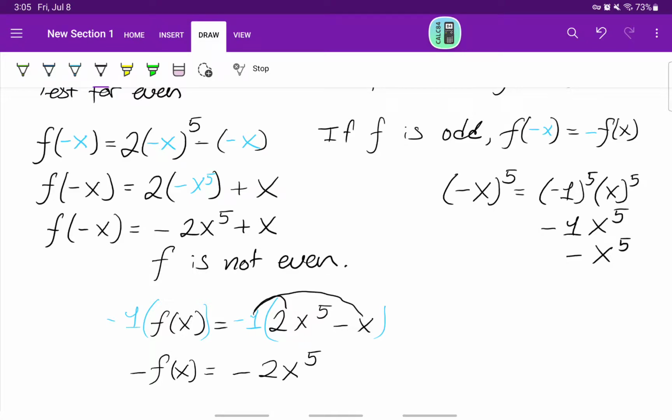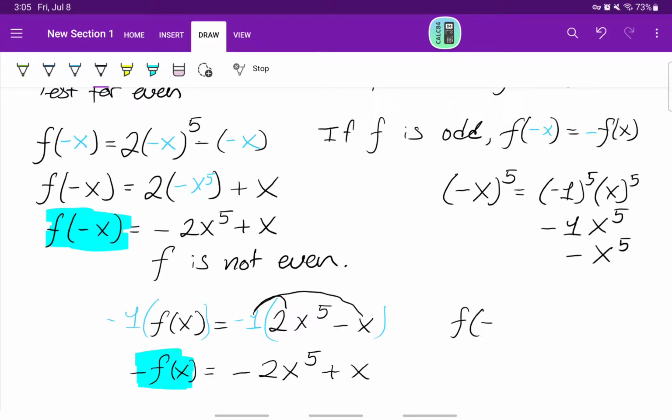Negative 1 times negative x is positive x. As we can see here, f of negative x, which is negative 2x to the 5th plus x, is the same as negative f of x, which is negative 2x to the 5th plus x.